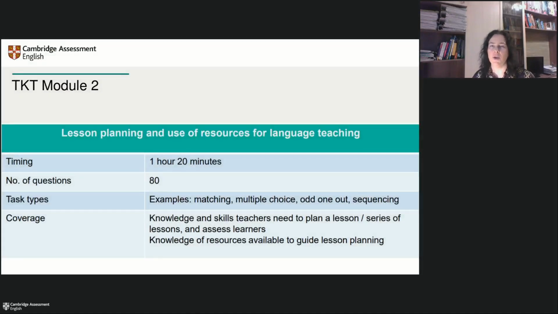Right, so this is the summary of the answers. Again, you can see that the test will last 1 hour and 20 minutes, which makes it 80 minutes. There are 80 questions and you'll be given about 1 minute to answer each of them. Of course you can earn 80 points, because if you answer all of the questions accurately, you'll achieve the best result.